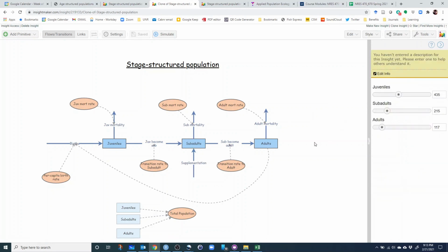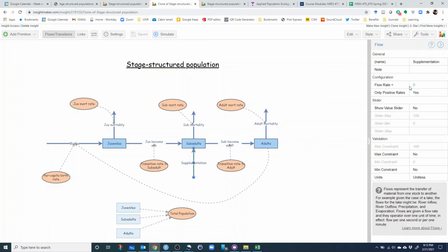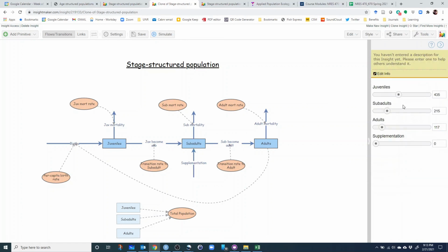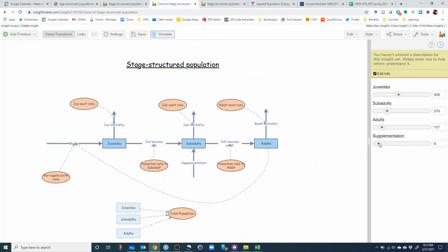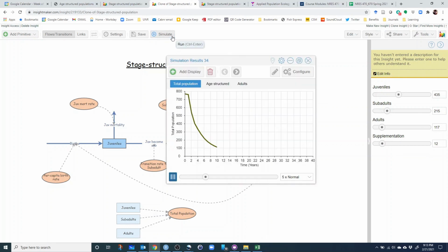This is going to start off at 0, but we might want to add a value slider, and I'll start off with a slider step of 1 and the bounds from 0 to 100. And we can start supplementing this population and see if we can maintain a population of 20 adults or more.